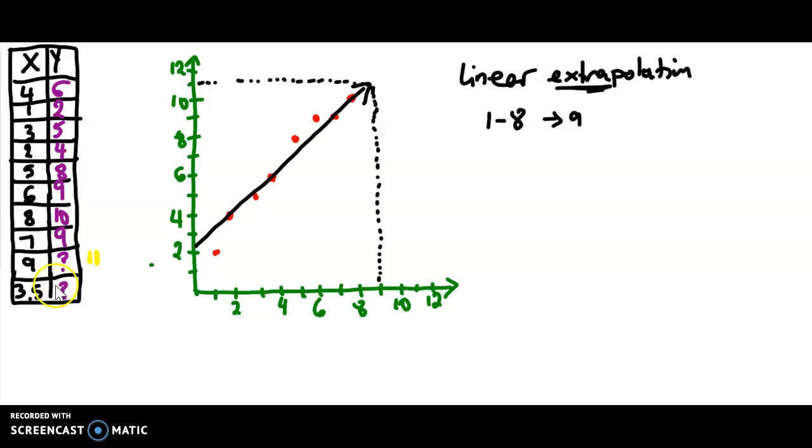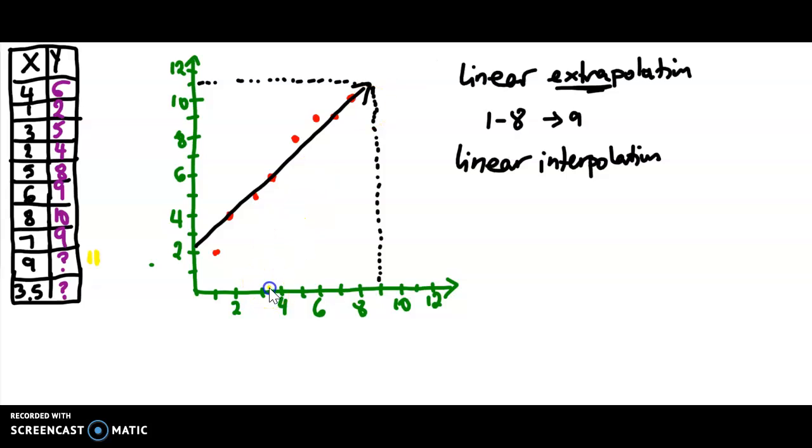I'm asked now to predict what's going to happen when x is 3.5. Because 3.5 is between that data range, that's going to be called linear interpolation, inside. Again, I can do the same thing. This is the 3, so the 3.5 would be right here.